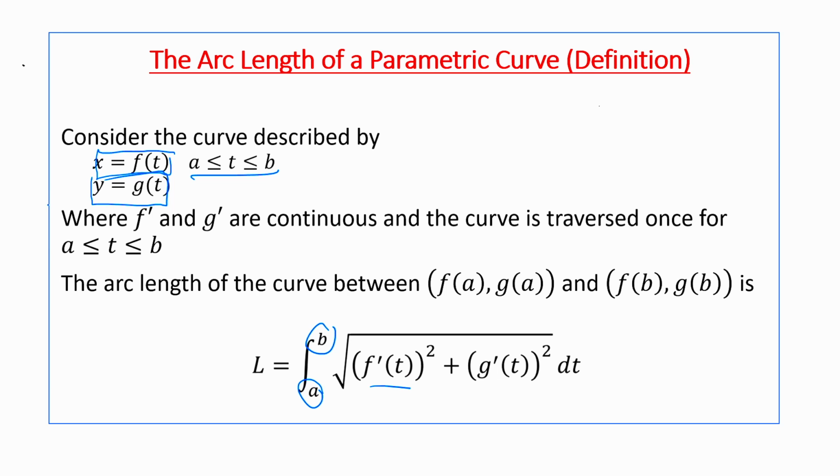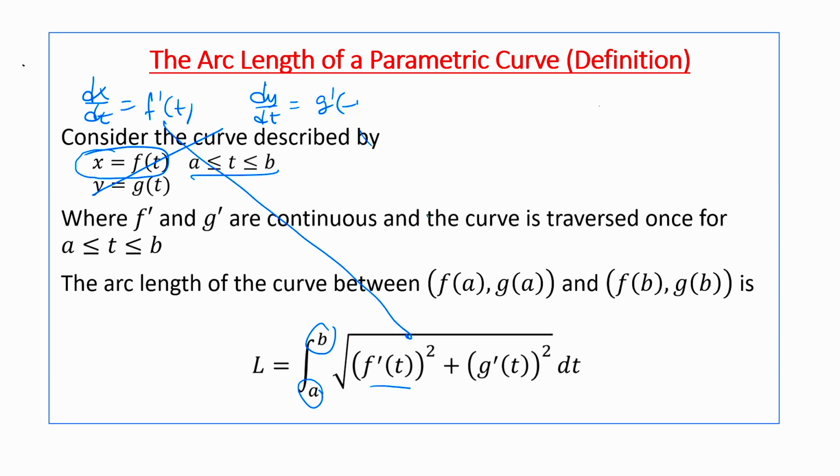F prime of t is found from the parametric equations. So we just take the derivative of x, dx/dt, and that will be f prime of t. And also we take the derivative of y, dy/dt, and that will be g prime of t. We square them and then we put them in the formula. And then we find the arc length.